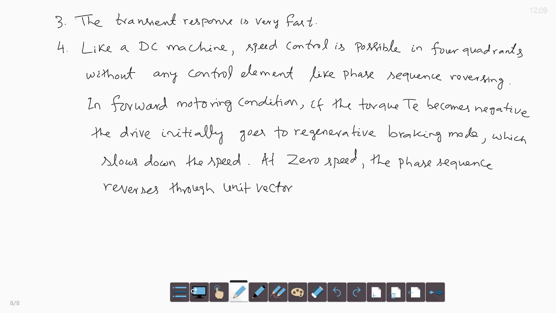That means after 0 speed, theta e changes to minus theta e, opposite sign. So, phase sequence reversal is obtained, thus giving reverse motoring operation.